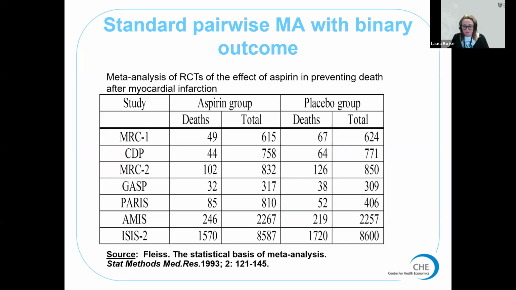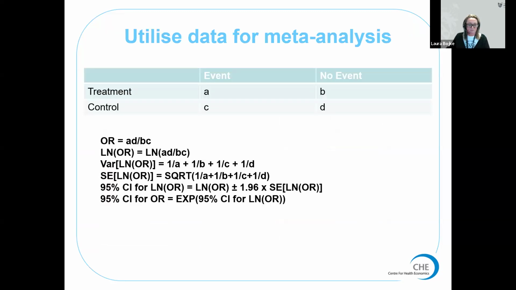So we can see in this table here, we've got 7 studies, all of which have a treatment and a comparator arm, and we observe outcomes within these studies. As you can see, these studies are of different sizes. We've got some very large studies, we've got some quite small studies, we've got different numbers of events.